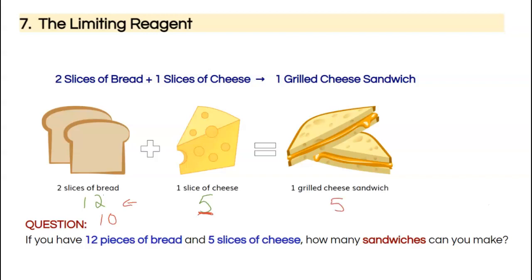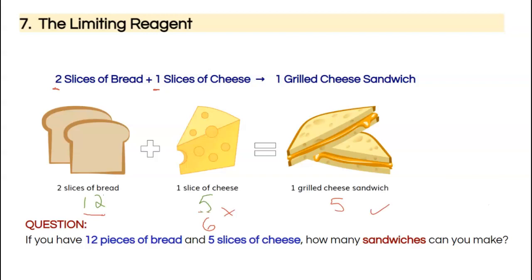Now, another way to think about that would be from the opposite perspective. Let's just say that I use up all of my bread, so I would be using all 12 slices. How much cheese would I need? Well, given my 2 to 1 ratio, I would need 6 slices of cheese, but I don't have that. And so I can only make a maximum of 5 grilled cheese sandwiches.